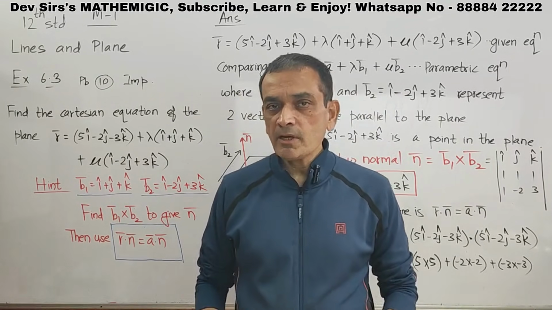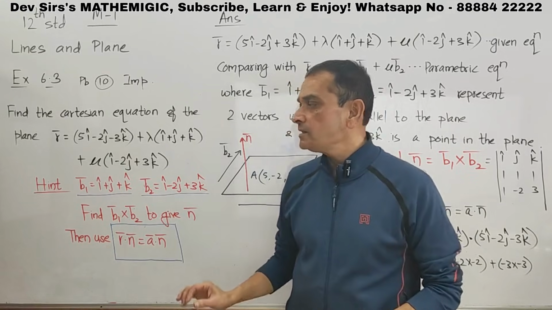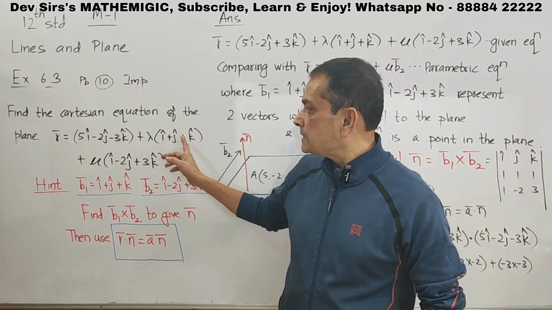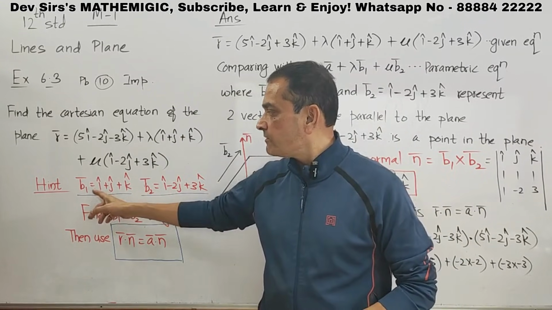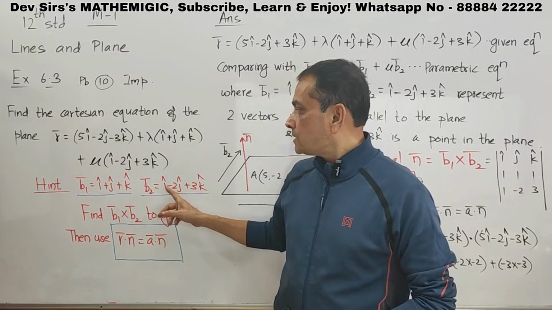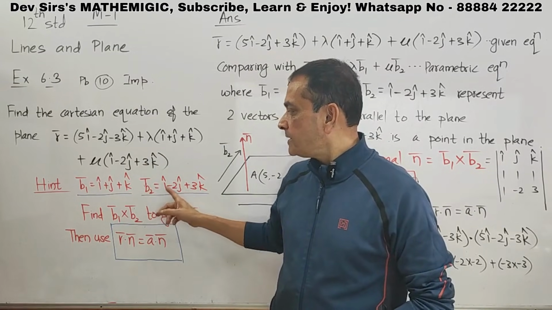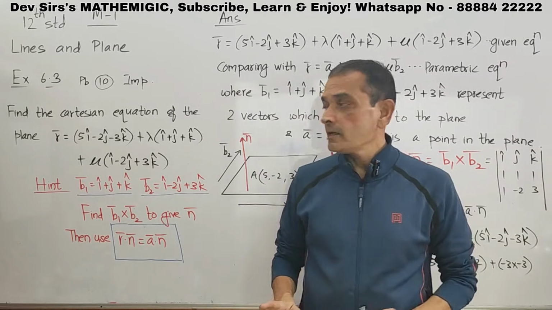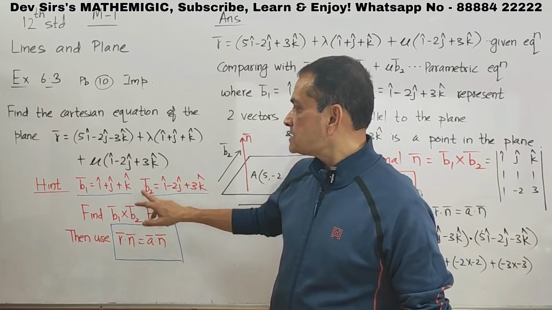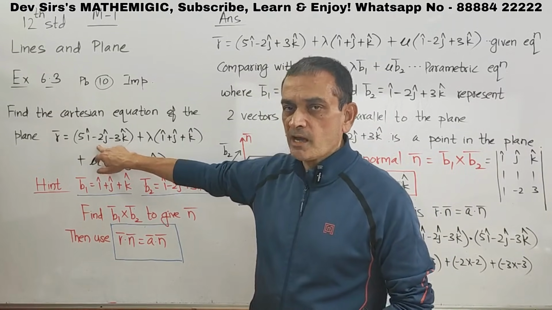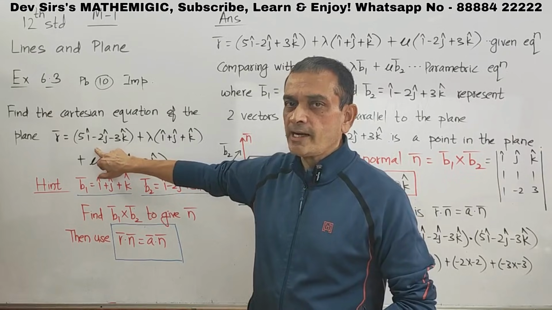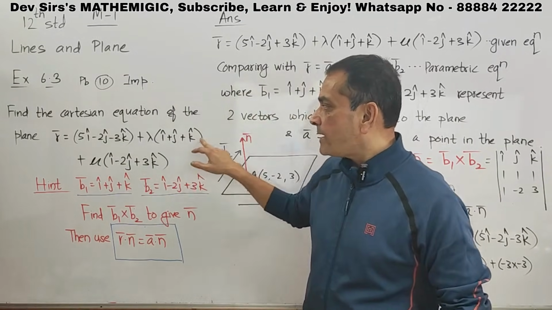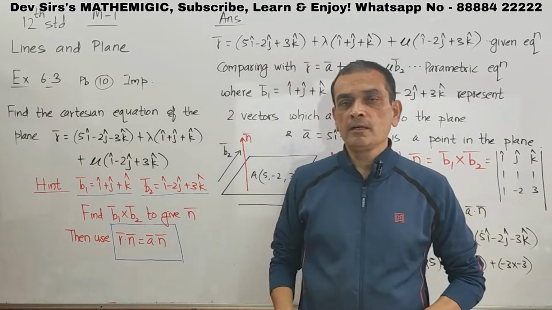Whenever the equation of the plane is given in this form, you have to call the second bracket as B1 bar, the third bracket as B2 bar. They represent parallel vectors to the plane, and this is called as A bar. So this equation is called the parametric form equation of the plane.